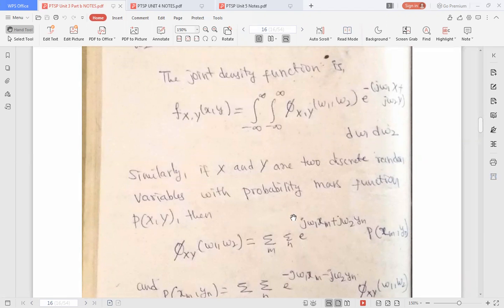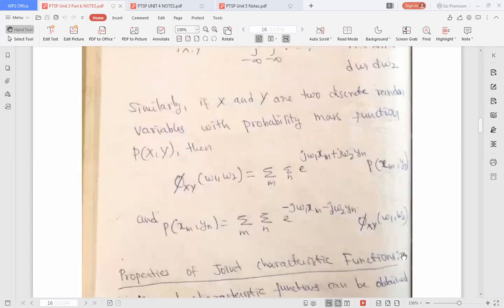Okay. And here, if x and y are two discrete random variables, in the case of discrete random variables, the characteristic function is given as phi xy of omega 1 omega 2 is equal to summation with respect to m, summation with respect to n, e power j omega 1 xm plus j omega 2 yn, p of xm comma yn. Okay.